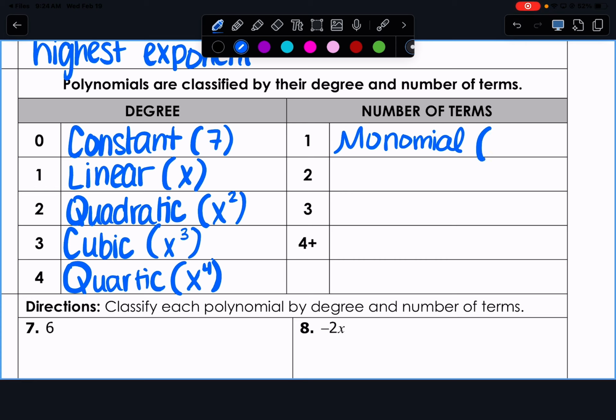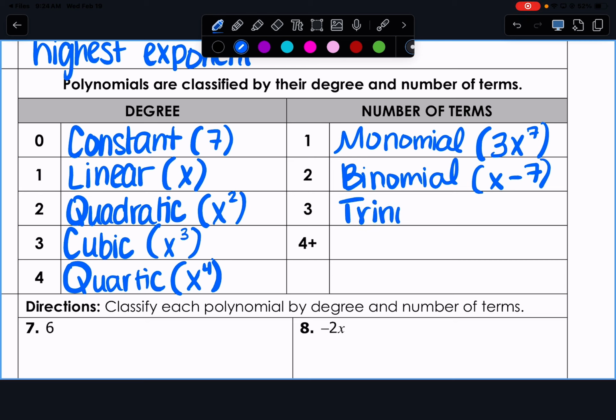Back to math. A monomial is only one term, like 3x to the 7th. When it's 2 terms, it will be a binomial because bi means 2. Then we have a trinomial because tri means 3.